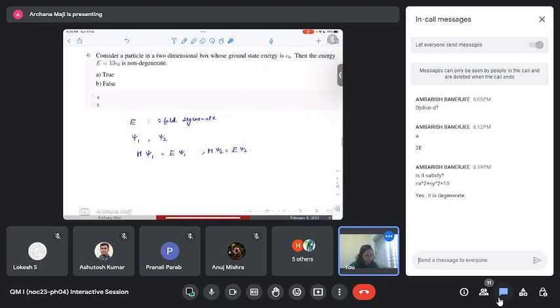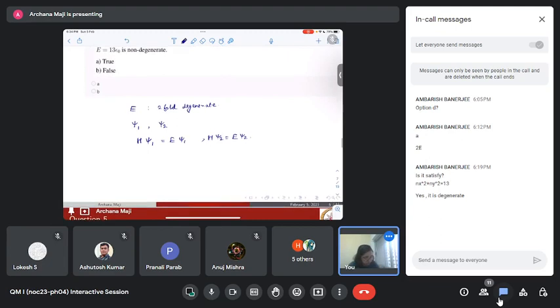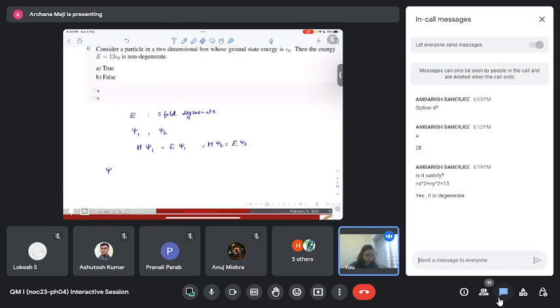Now what happens in a particle in a two-dimensional box is that the wave function, so should I derive this wave function, or are you familiar with it? Do you want me to derive it? Then I will do that.